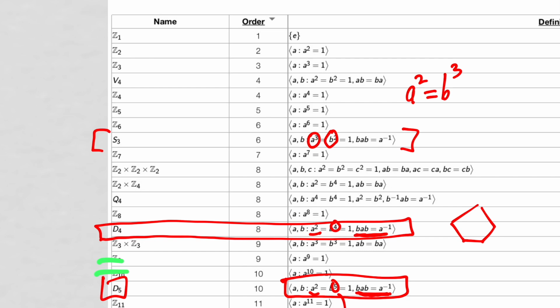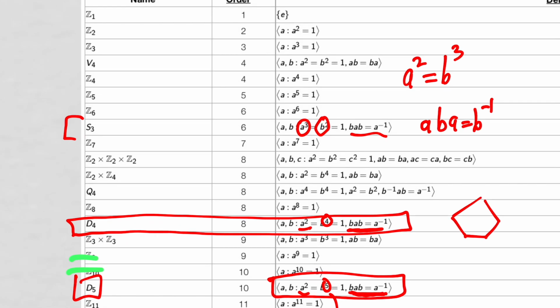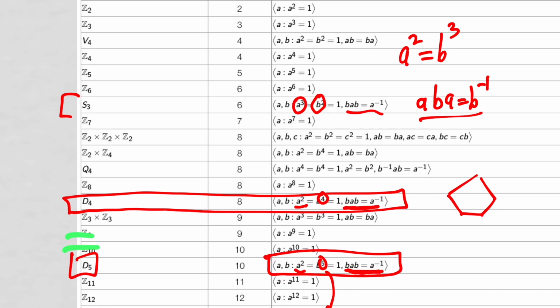But switching symbols, we can do that all day long, so that's the most trivial thing. So say we switch symbols on the relation, and then we would get ABA equals B inverse. But the problem is ABA equals B inverse is not BAB equals A inverse.